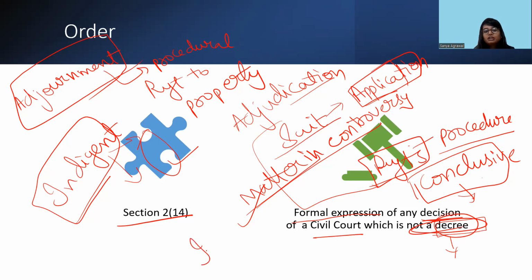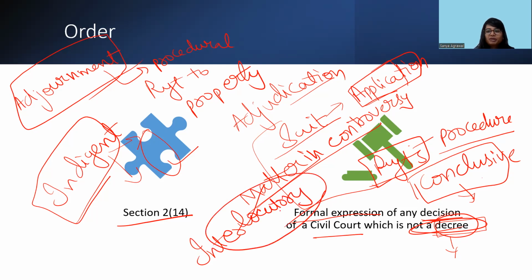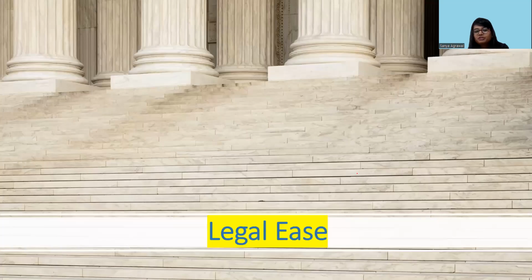Similarly, if there is an interlocutory decision, interlocutory decisions are basically the decisions that are given during the pendency of the suit so as to stop a party or ask a party to do something. Let's take an example from a different slide.